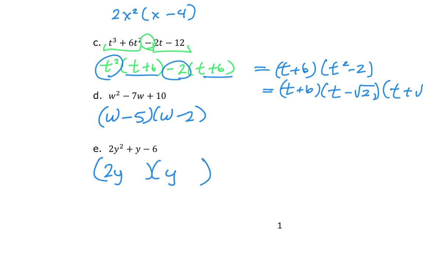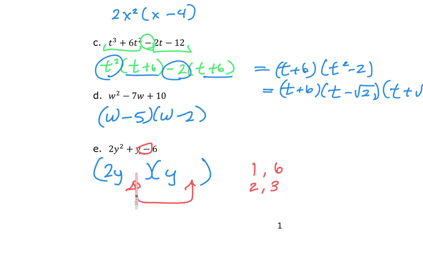All right, and so this one I have 2y and y. And I'm just going to do the guess and check method. The only way I can get to 6 is, well, there's a couple of ways, 1 and 6 and 2 and 3. Now I need to get a combination in which when I put the numbers here in these two positions, I'm going to get a negative. So if I look at my two factors, one of these is positive and one of these is negative.